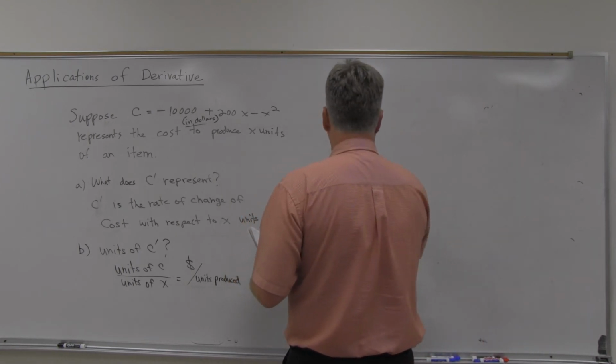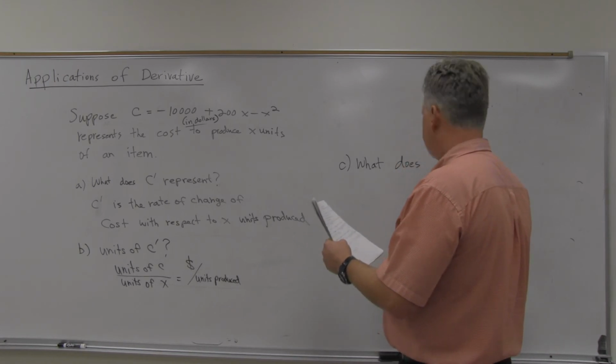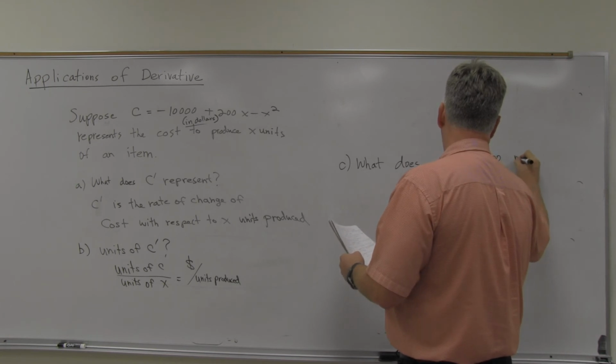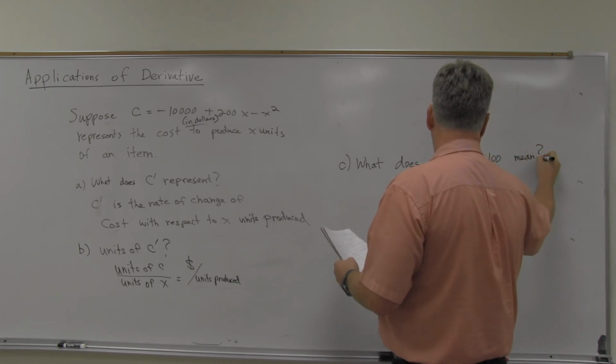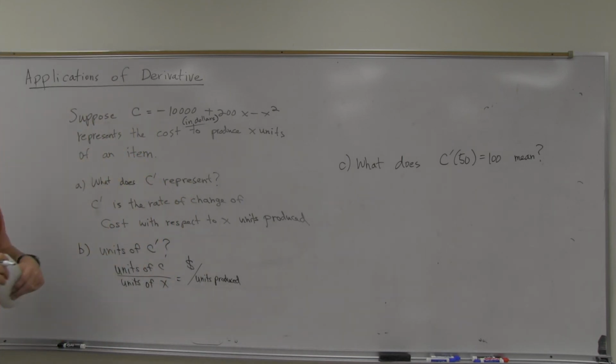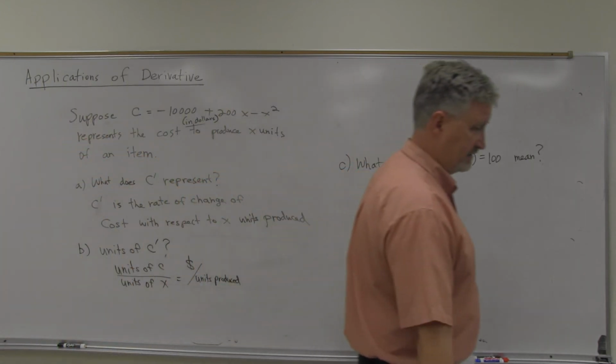What does C prime of 50 equals 100 mean? What is it that we found here? We got C prime of 50 is 100, but what does that mean?